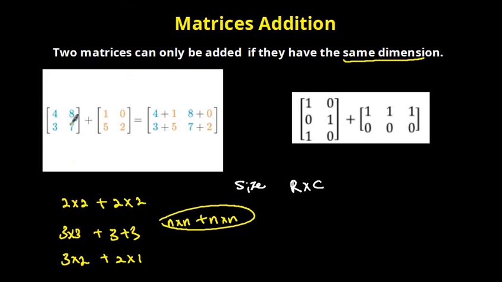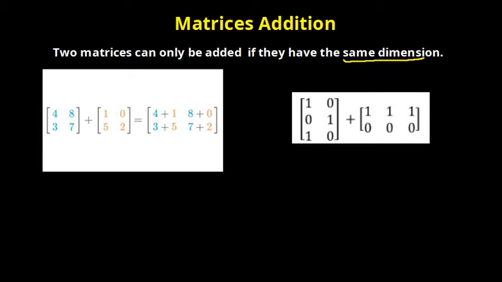If we're looking at this example at the top, we're going to check the rows and columns for these two matrices. If you notice, we have 2 rows. Let's check the columns now from top to bottom. 2 columns as well.